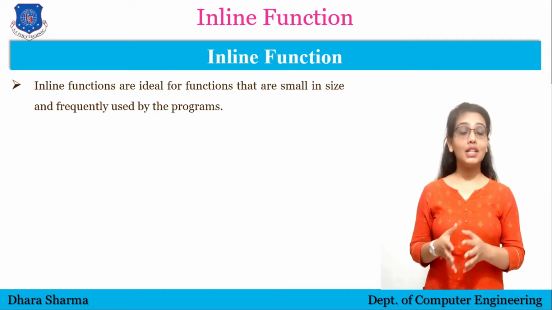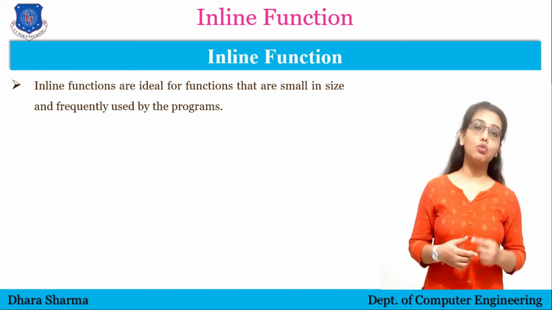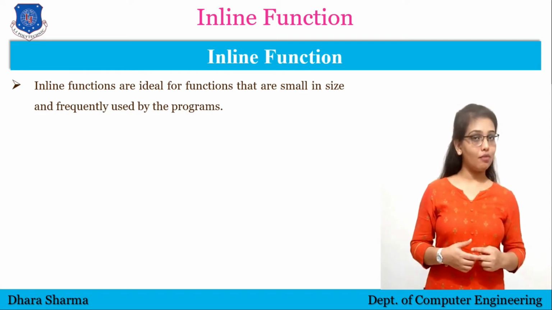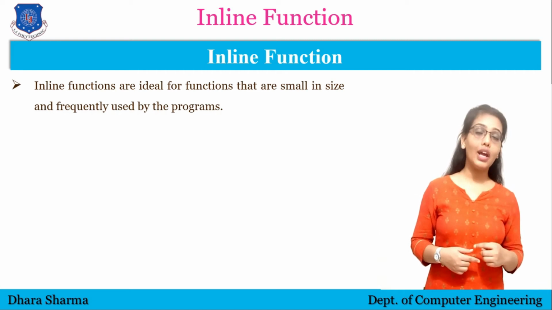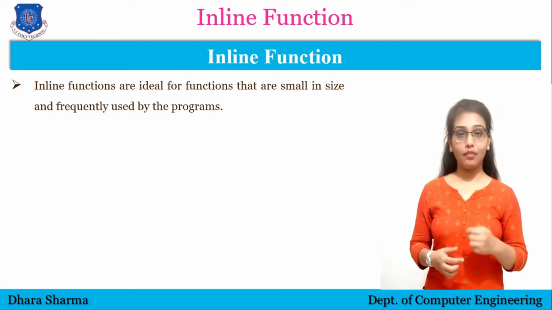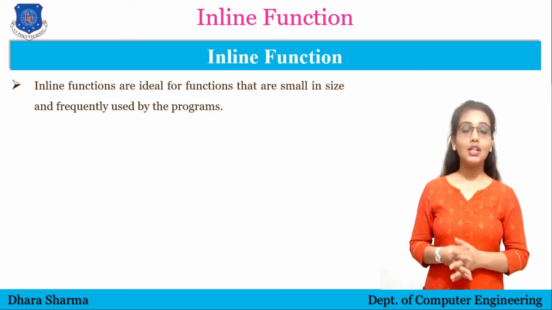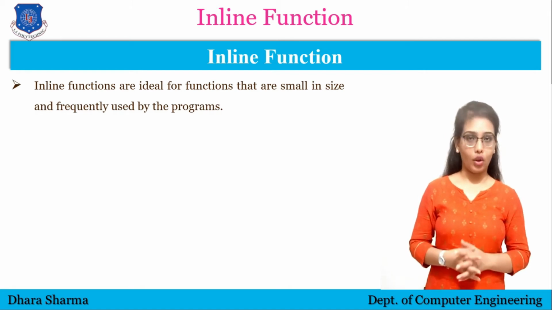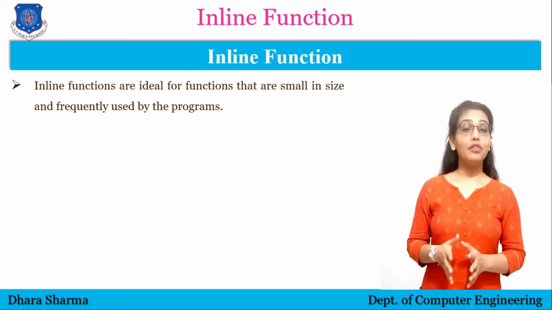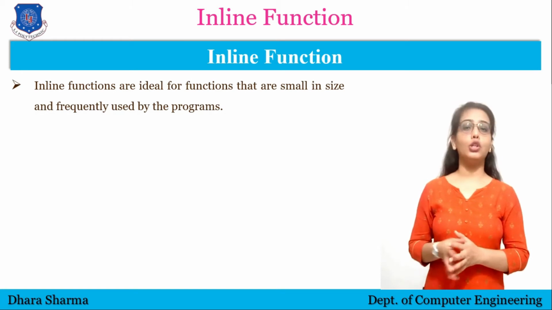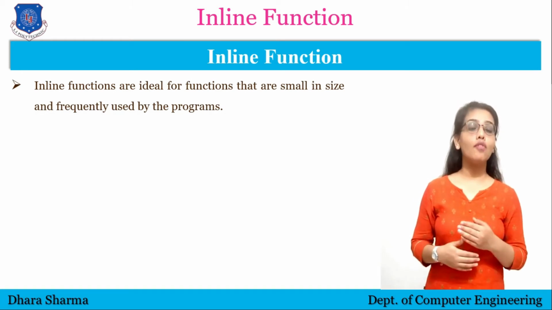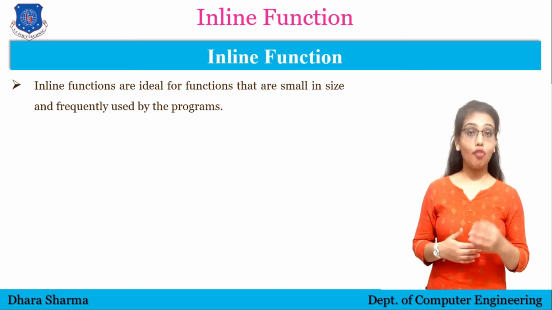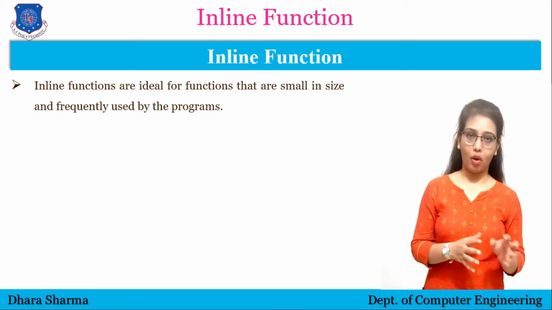Whenever it finds a function calling statement, it will jump to the function where it is defined, execute the code, and return to the main function. We just discussed how this process goes on. So whenever we use an inline function, the whole process of execution of that particular function is performed.